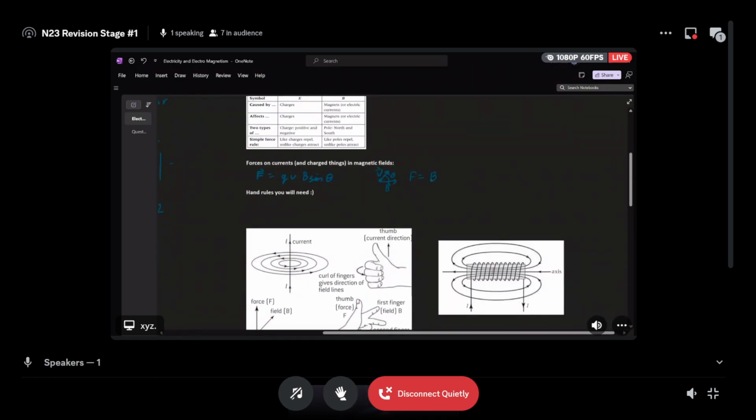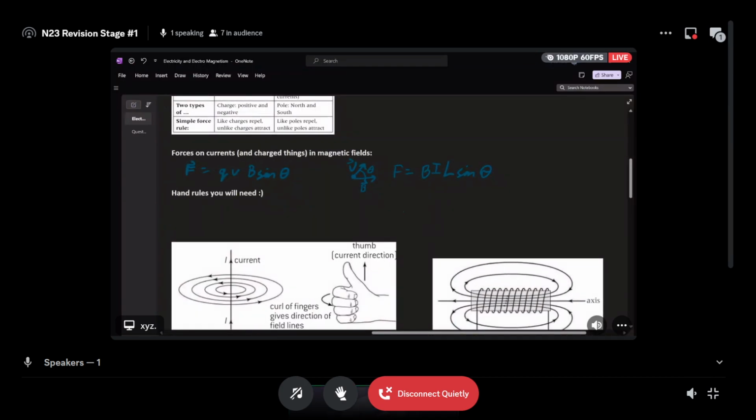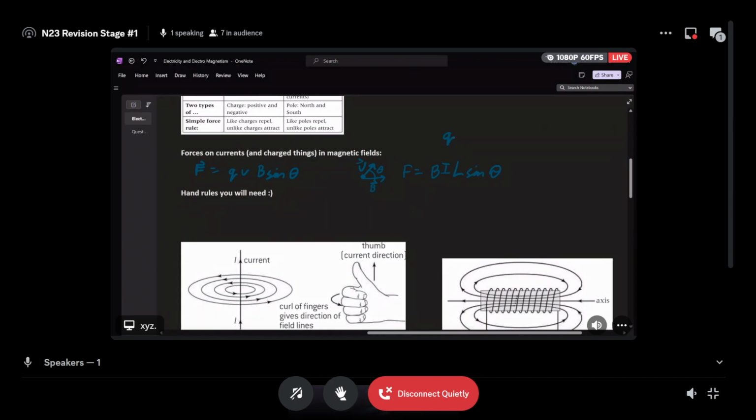F equals BIL sine theta. And it shouldn't be too crazy, because these two are essentially the same: QV is more or less equivalent to current.